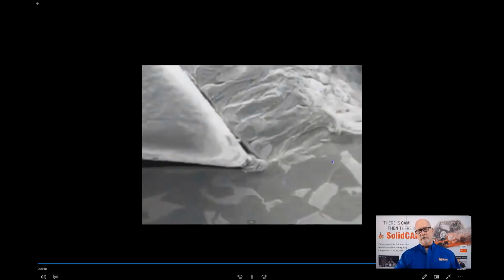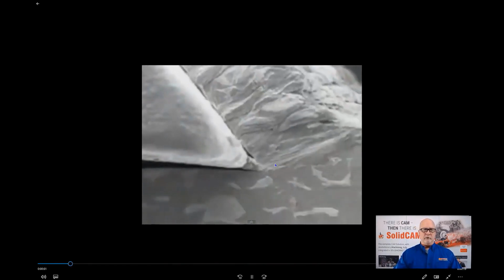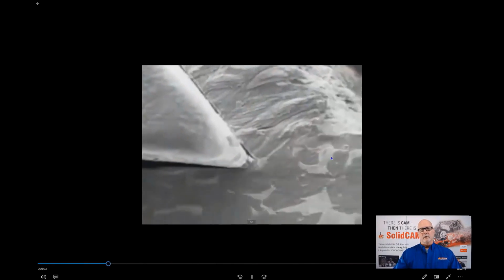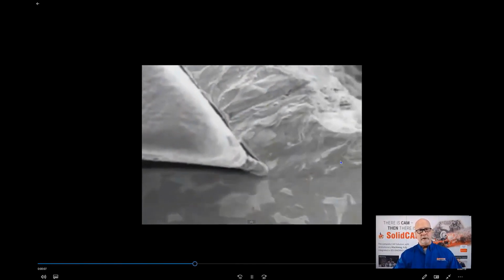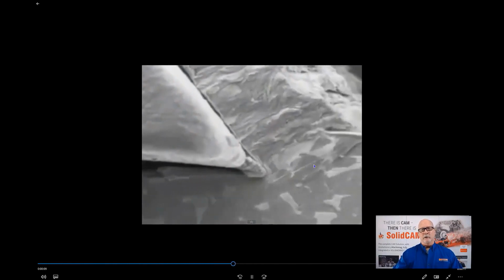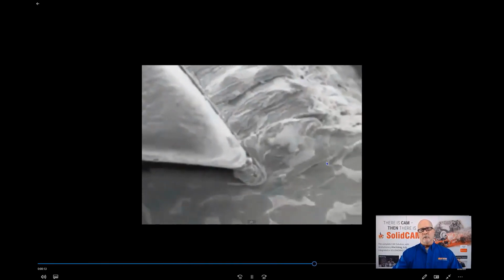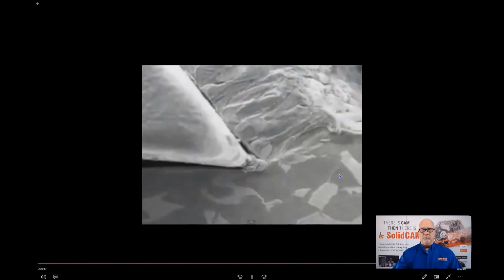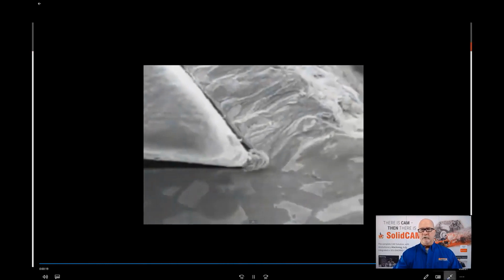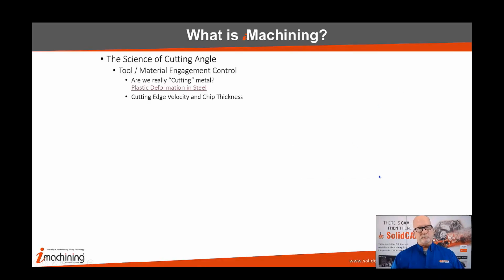Now, there's a lot of energy that is imparted into this and generated from this, and that energy all has to go somewhere. Typically it goes into heat, and you see a frictional heat and so forth, creating a rise in temperature of both the part and the tool. Okay, with iMachining we change a lot of that because we're actually managing it much better.